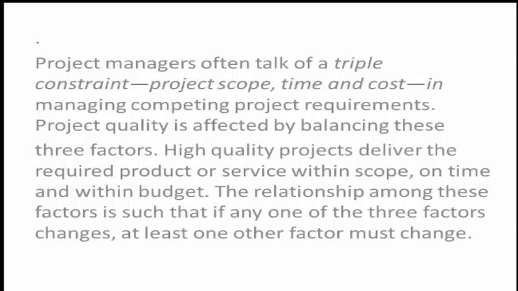The relationship among these factors is that if any one of the factors changes, one of the other factors must change. For example, if the scope increases, then there is an impact on the time and budget. You need more time, and more work time means time is money, right? You use the resources, so you need budget.